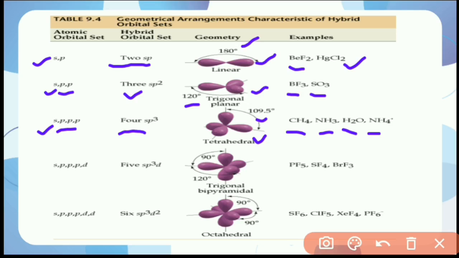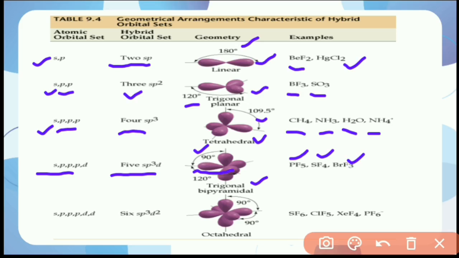In this hybridization, one s, 3p and 1d orbitals intermix and form 5 new sp3d hybrid orbitals, and these hybrid orbitals are arranged trigonal bipyramidally, and in the equatorial plane the angle between the hybrid orbitals is 120 degrees, and the axial bond angle is 90 degrees. Examples of this type of hybridization are PF5, SF4, and boron trifluoride. This is the interhalogen compound.